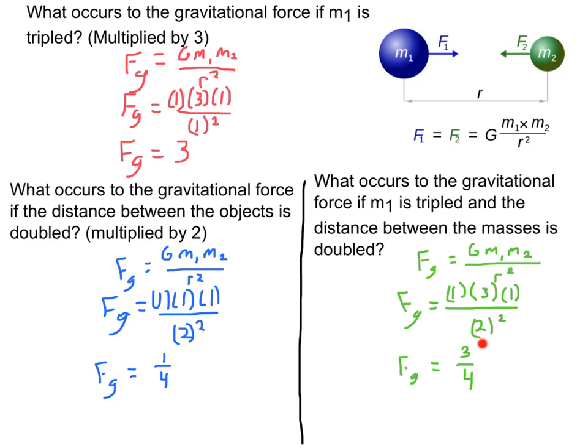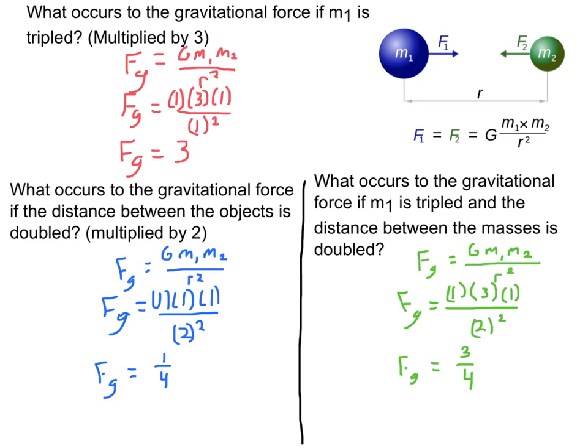Gravity actually gets reduced by a factor of 3/4. 75%, or goes down to 75% of its original value, I should say. So gravity ends up getting reduced even though you increased the mass more than you increased your distance, because the radius has a larger factor.